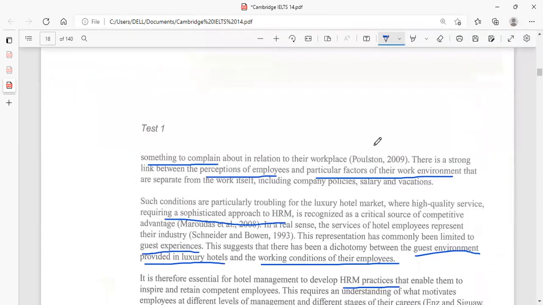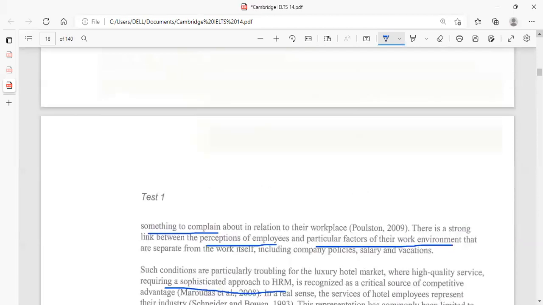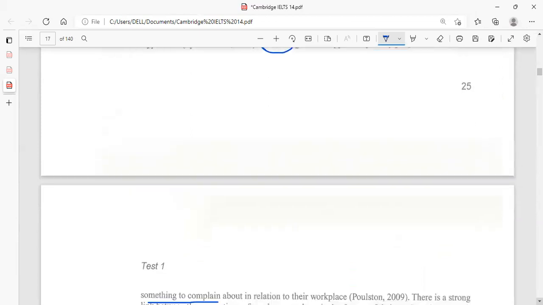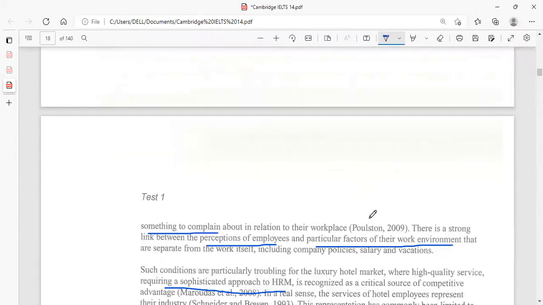See, it says there is a strong link. No, a little bit before this. See, it says, over here, work environment negatively. No evidence exists to support this hypothesis. However, given the opportunity, many people will find something to complain about in relation to their workplace.